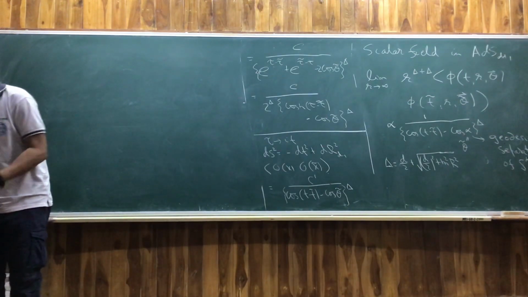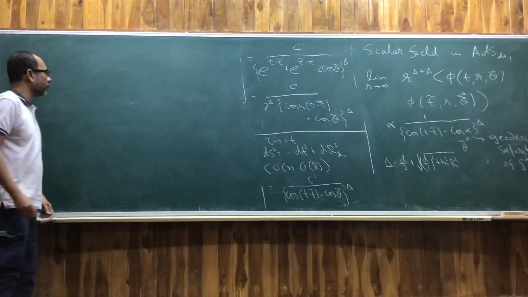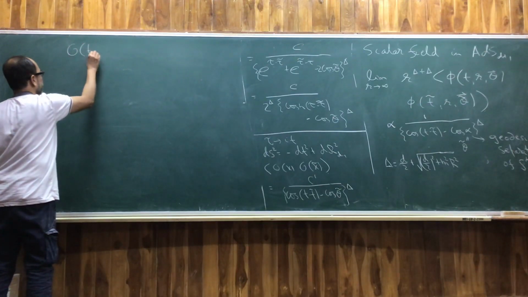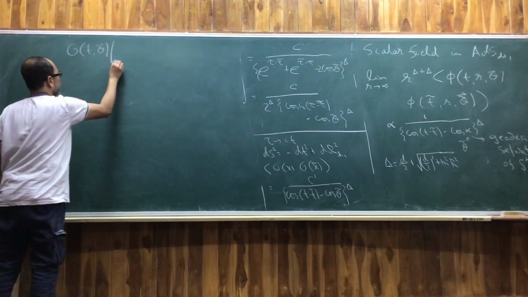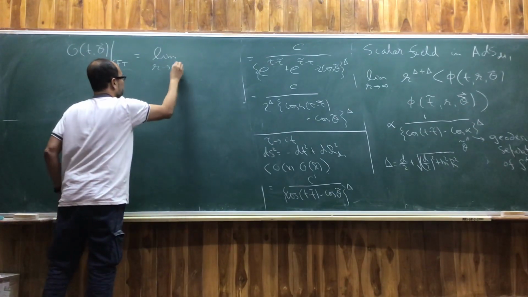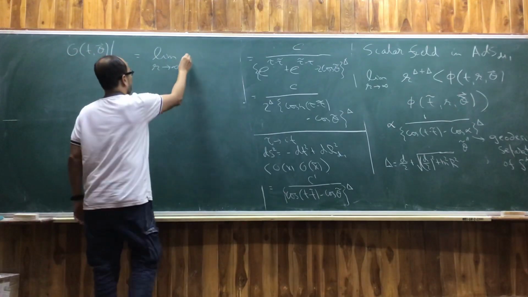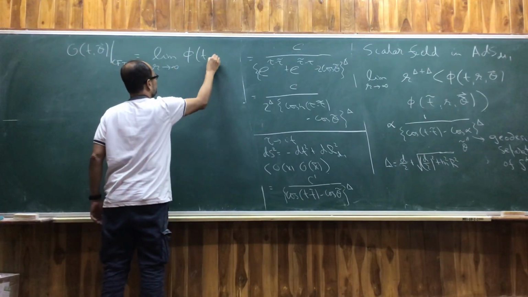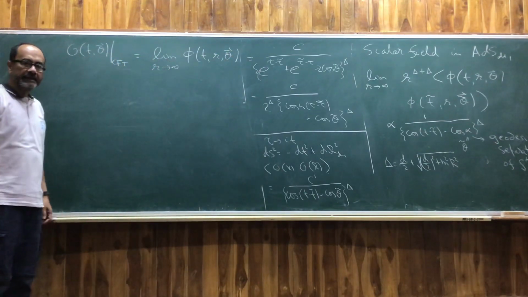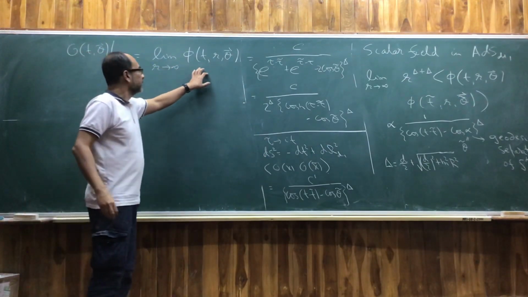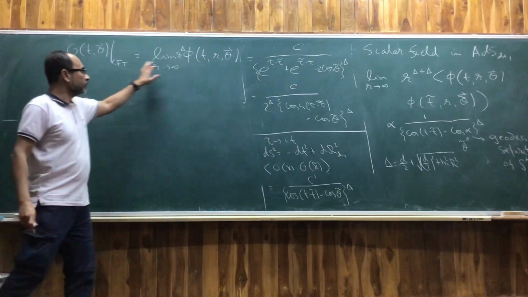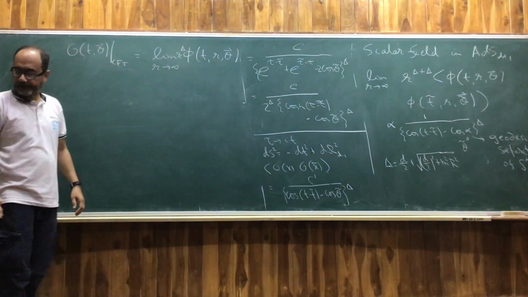Okay, so we at least see a first glimpse of this correspondence: the operators of the CFT, O(t, theta), are in some sense the limit as R goes to infinity of R to the delta times the primary operators phi(t, R, theta), in the sense that the correlation functions of these will match the correlation functions of these.